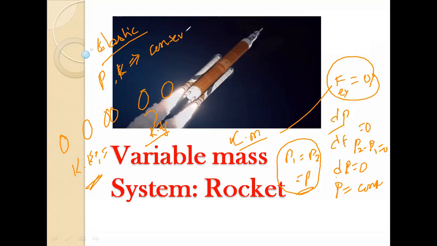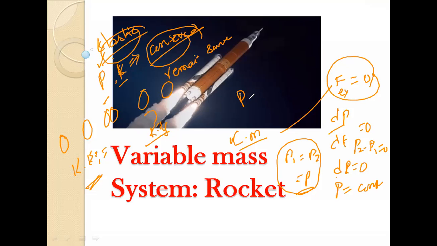Conserved means it does not change, it remains the same. So the collision in which momentum and kinetic energy are conserved, we call an elastic collision. In an inelastic collision, only momentum is conserved. This is what we have summarized.